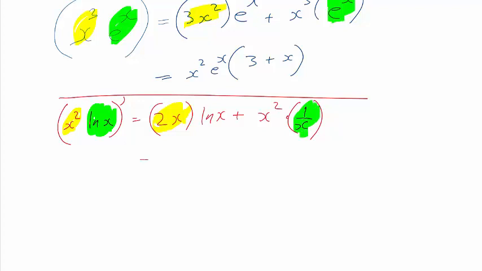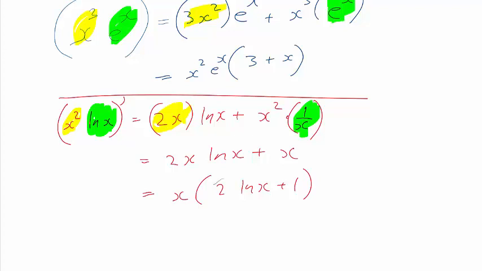So this simplifies to 2x times natural log of x plus x. All right, and we can do some simplifications. We can pull out the x, and so we're left with x times the quantity 2 natural log of x plus 1.